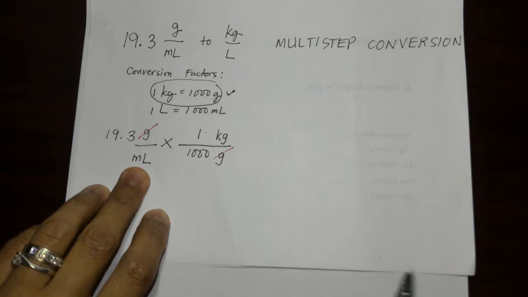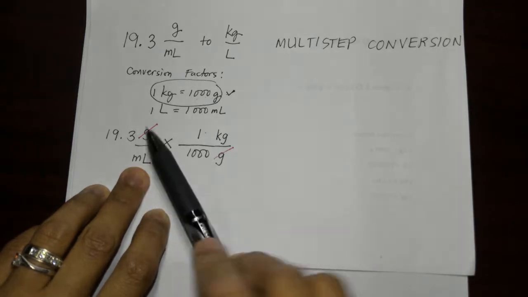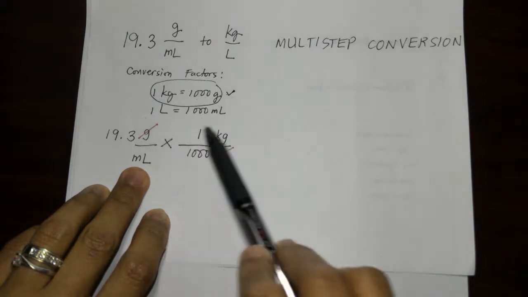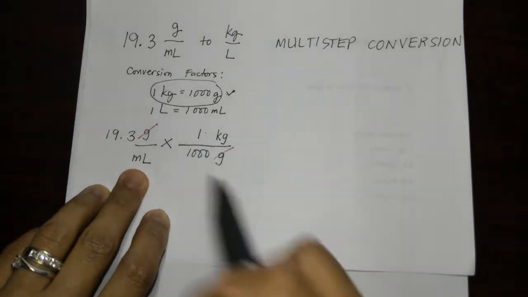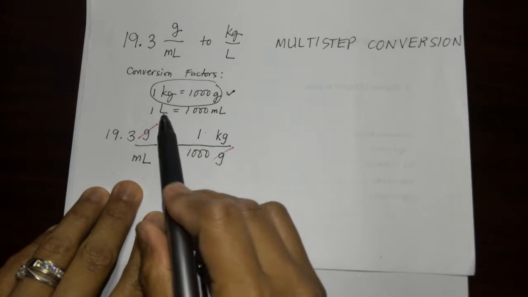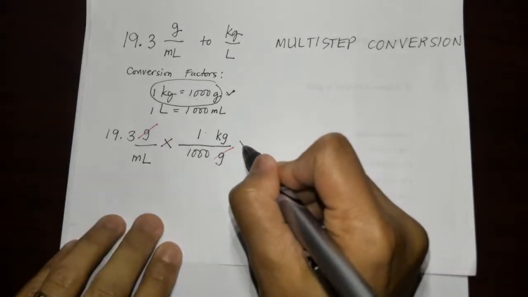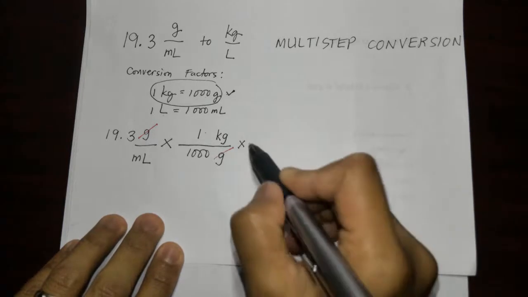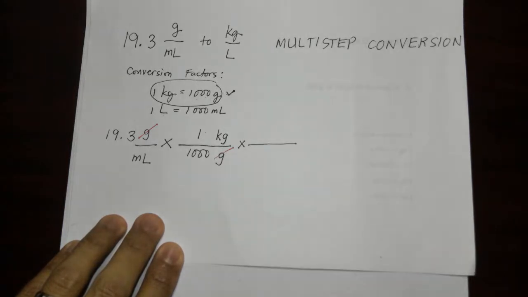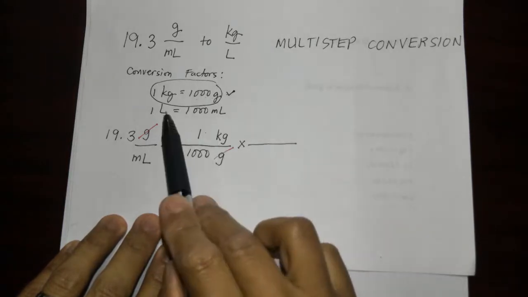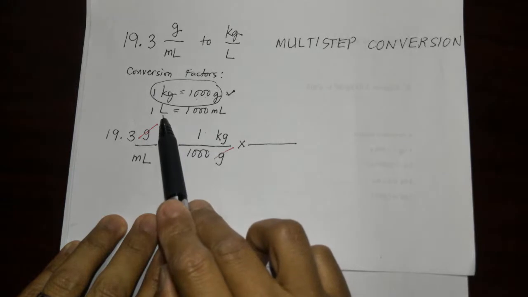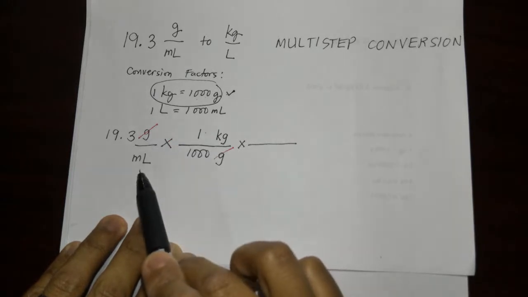Next, I am done with my gram. Now it's time for me to use the second conversion factor, which is the ml to liters. So I'm going to continue by writing times again, and then we put a line. So where will I put my ml and my liter in my conversion factor? Go back to your given again.